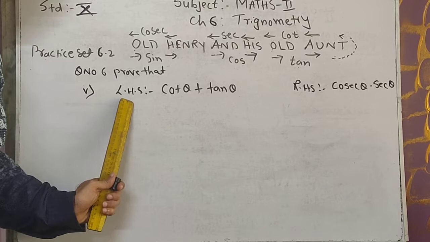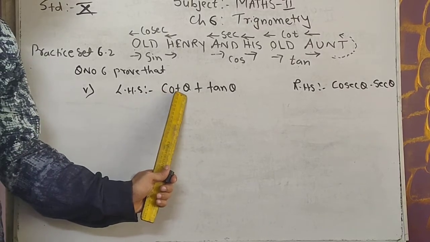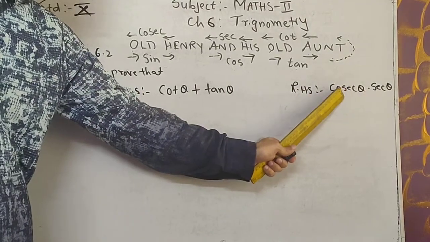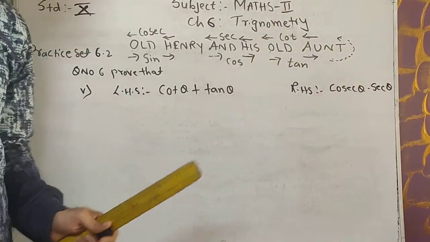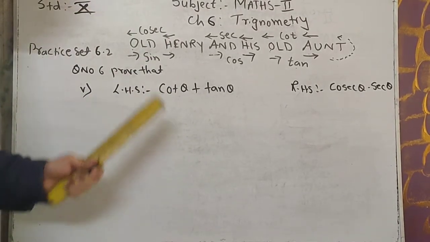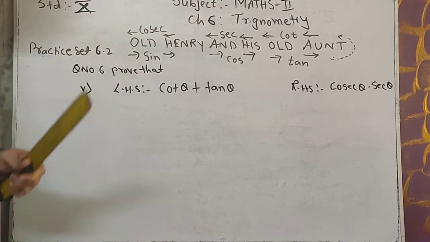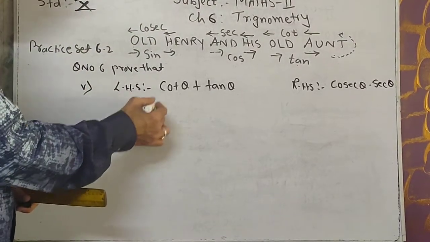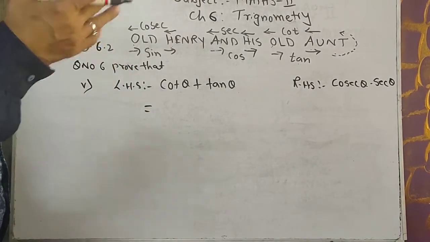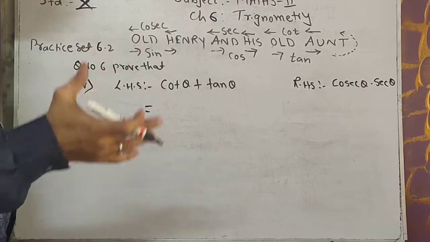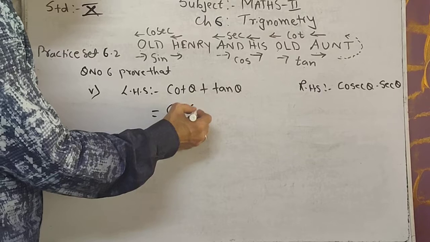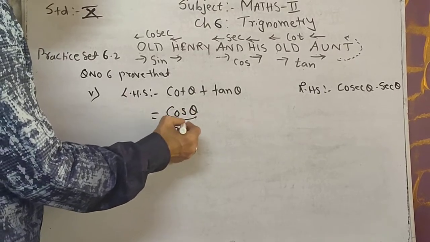Here the left hand side is cot theta plus tan theta, and your right hand side is cosec theta into sec theta. So you have to solve the left hand side, as you know, and get the answer of the right hand side. It is very easy. For cot theta, your formula is cos theta upon sin theta.